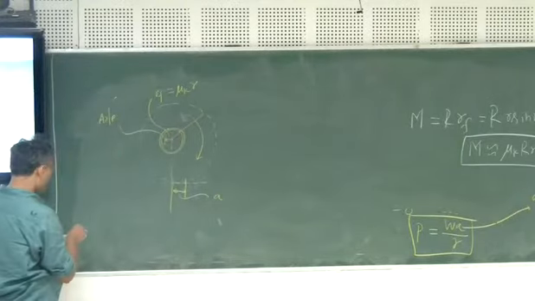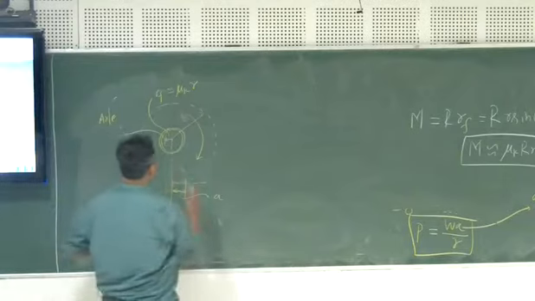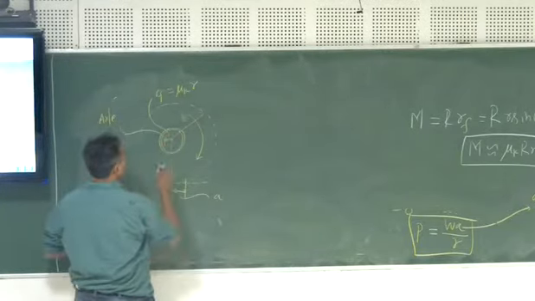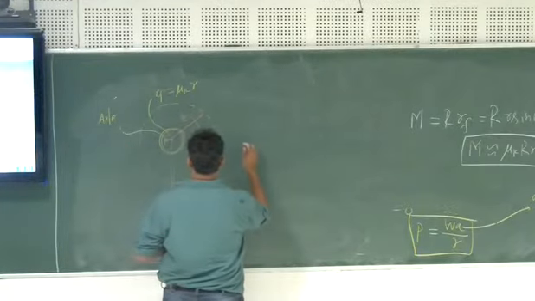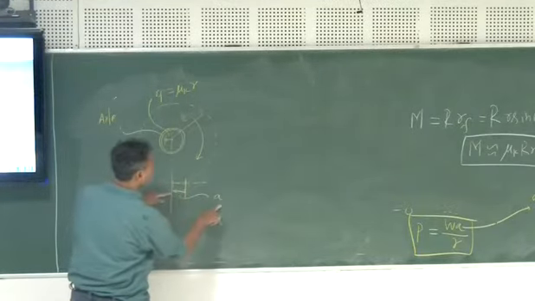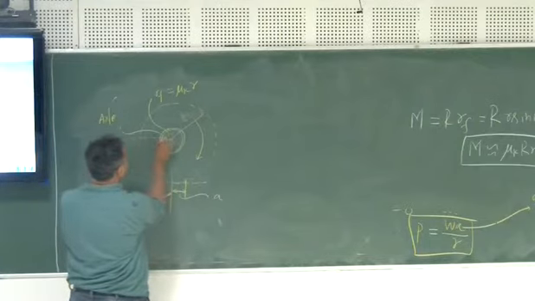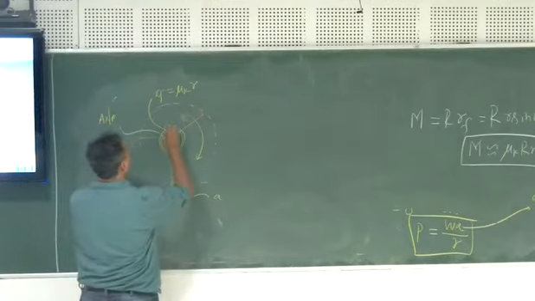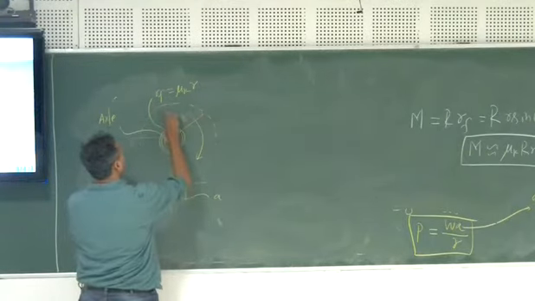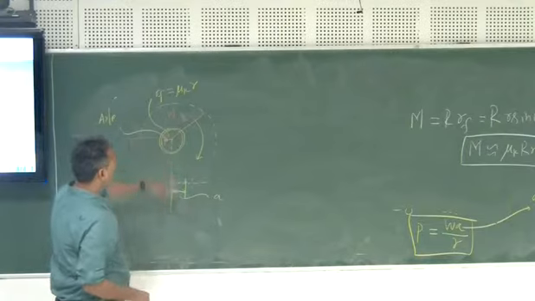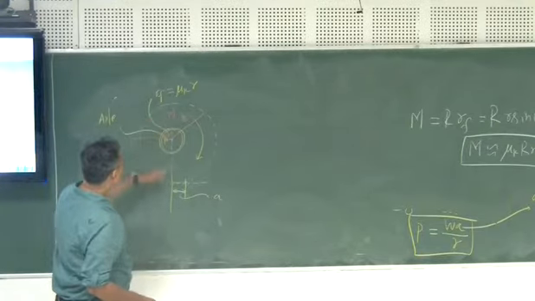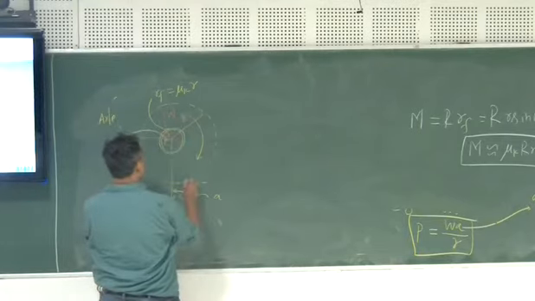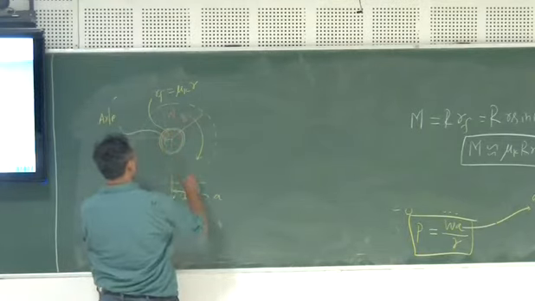In this case, let us say the resultant is passing through this. This is the rolling resistance. If P is the force that has to be applied, and if W is the weight which it has to resist, then in this particular case you will have to find the moment about this contact point.